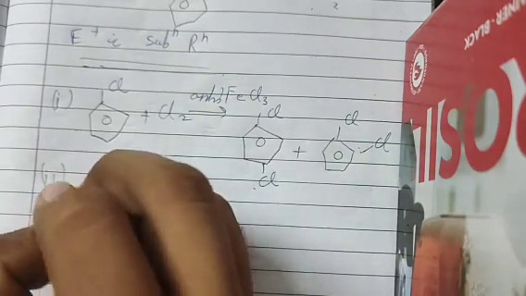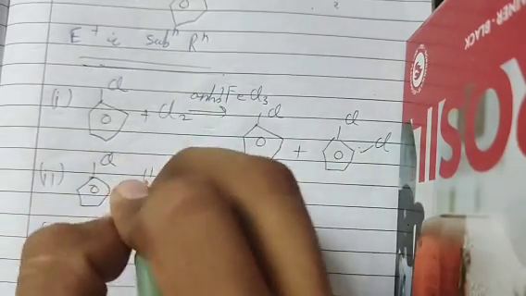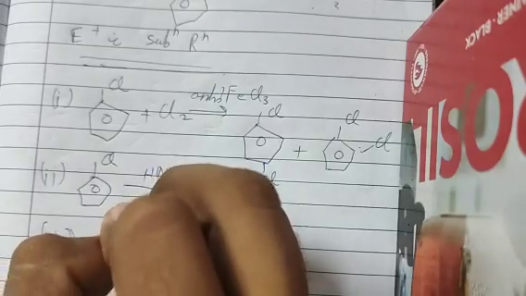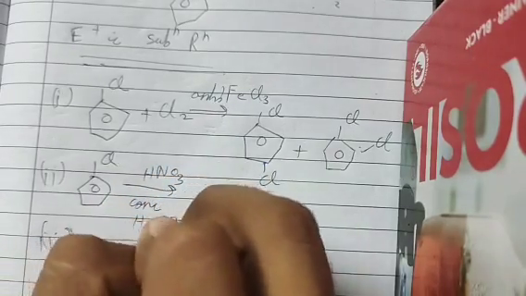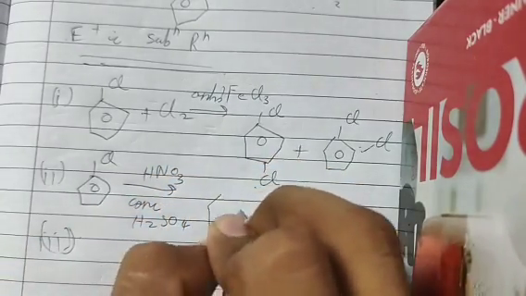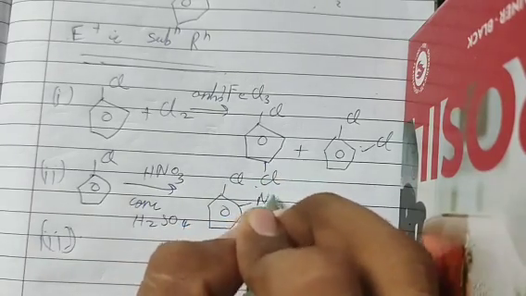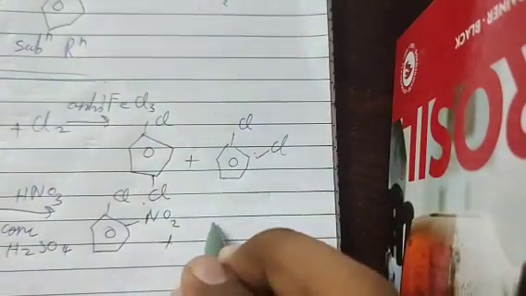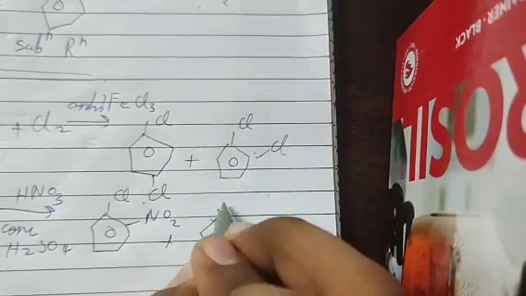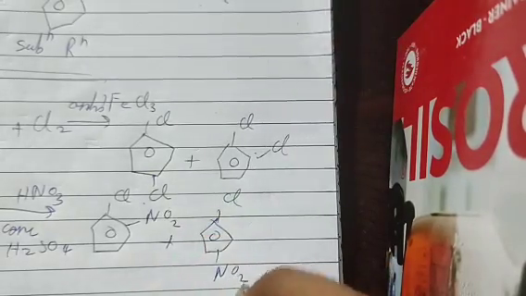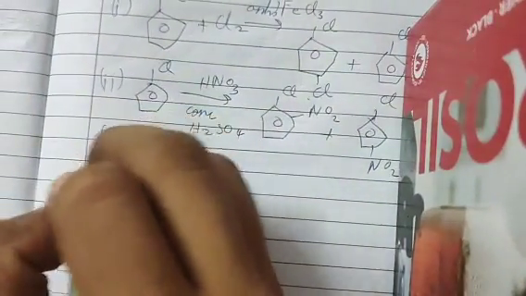That will react with my chlorobenzene, and what I will get is ortho nitrochlorobenzene and para nitrochlorobenzene. These two products I will be getting. Again, para is major and ortho is minor.